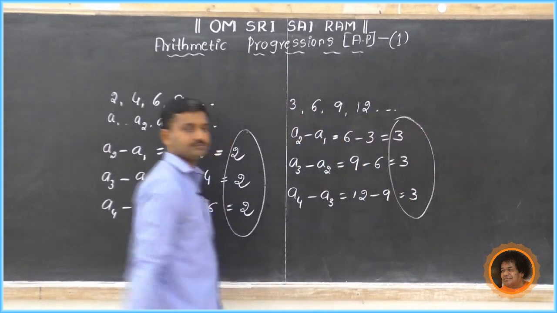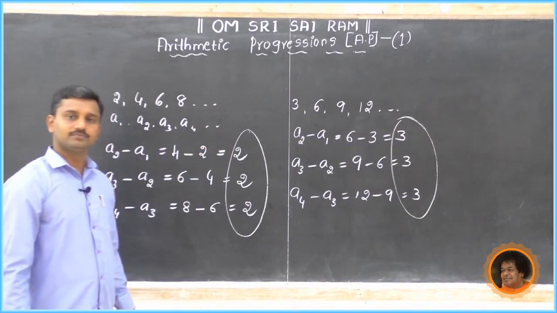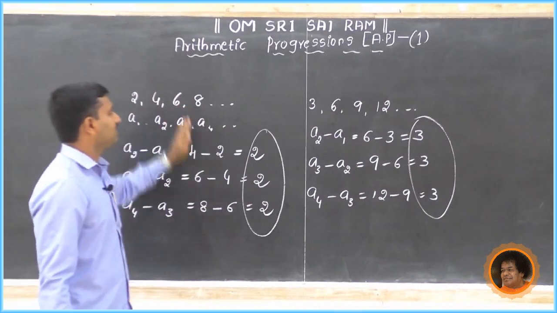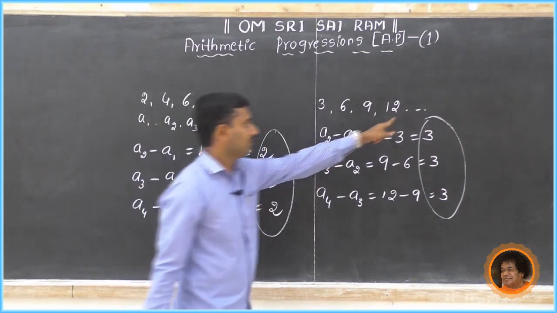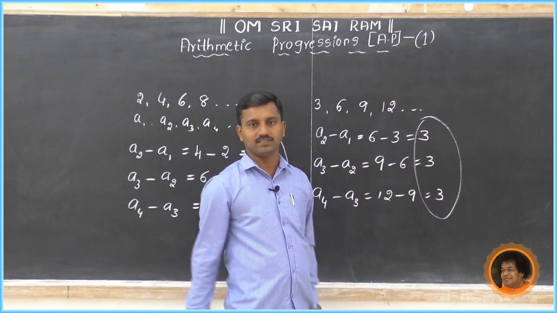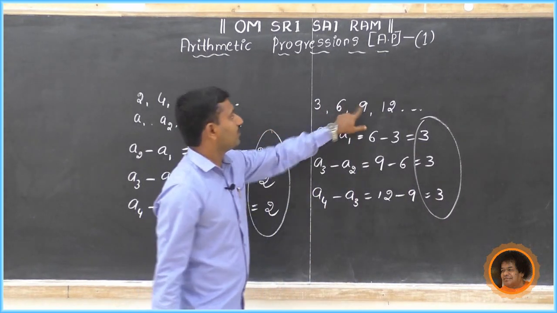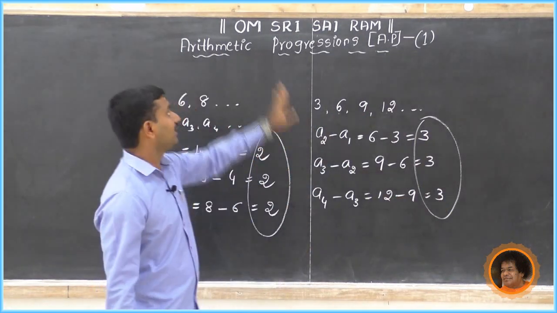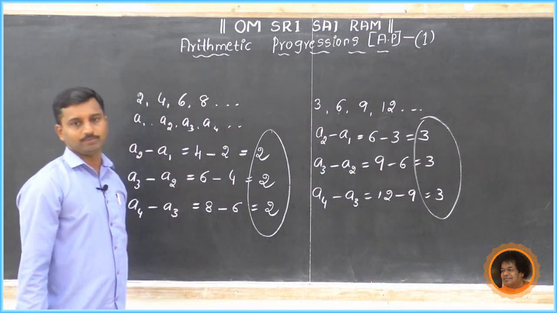Look at the difference. What do we conclude? The difference between a term and its preceding term is a constant. The difference is constant. Suppose in a list of numbers, the difference between the consecutive terms is a constant, then the given list of numbers is in AP, or arithmetic progression.